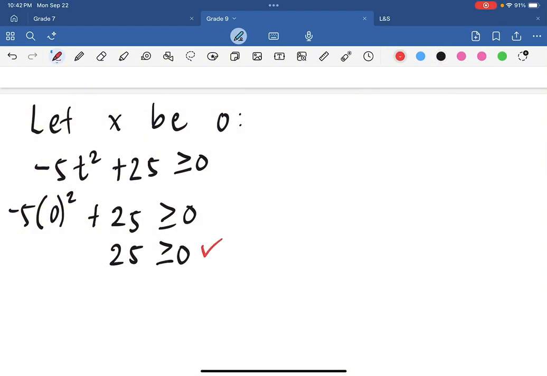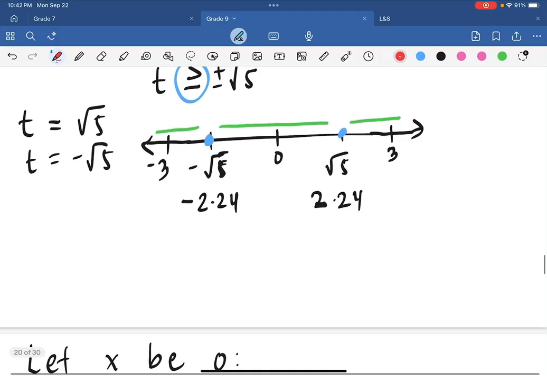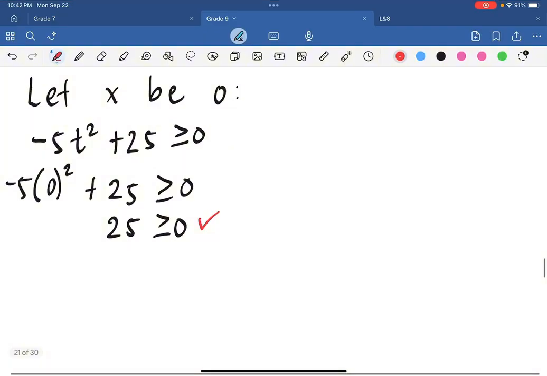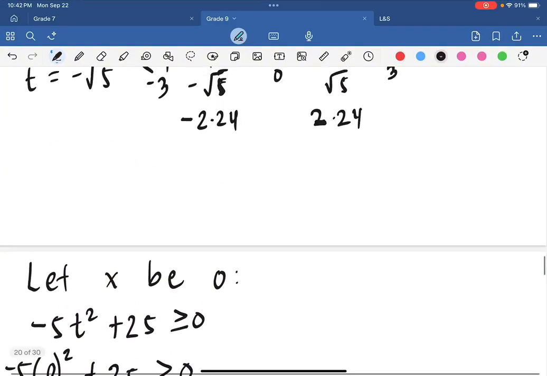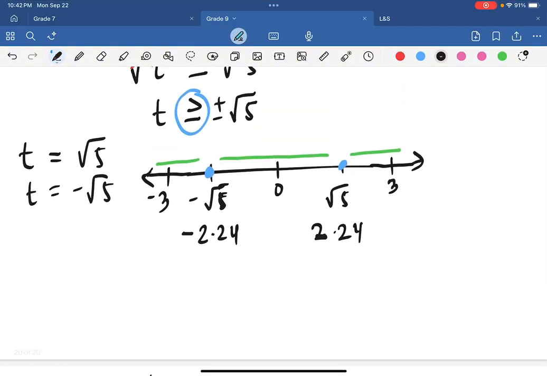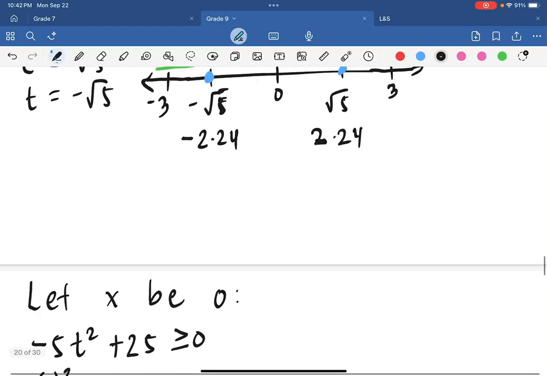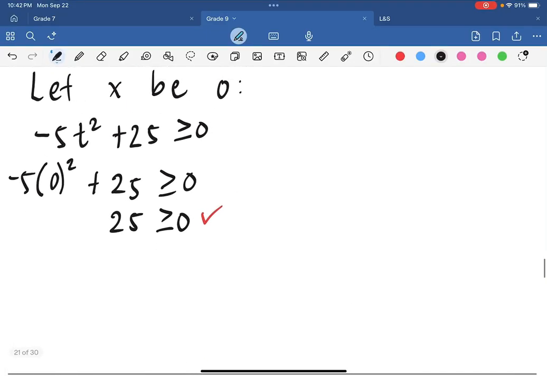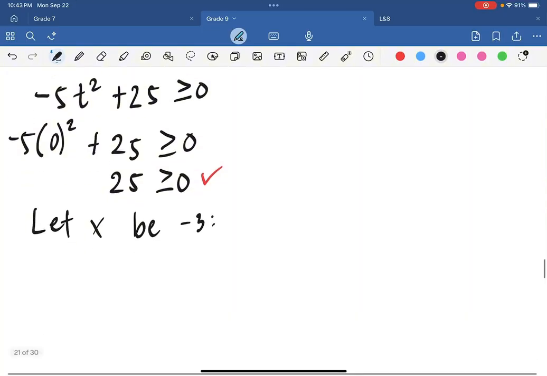So the middle values, or the values between negative square root of 5 and square root of 5 are correct. Now, to see if the numbers before negative square root of 5 and the numbers after square root of 5 would satisfy, let's check. So let x be negative 3.